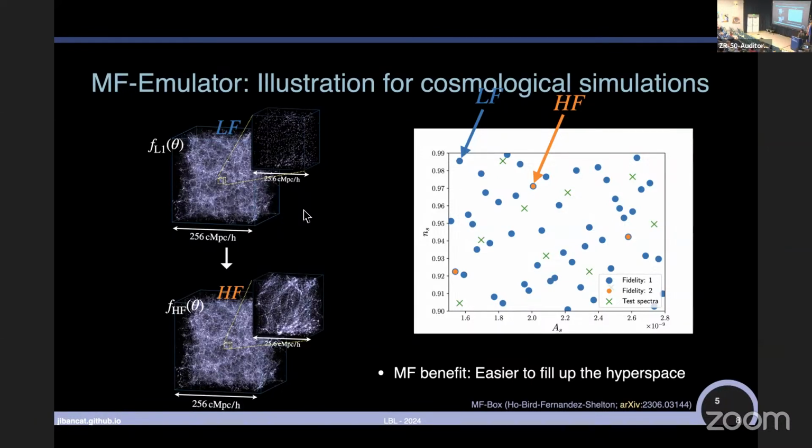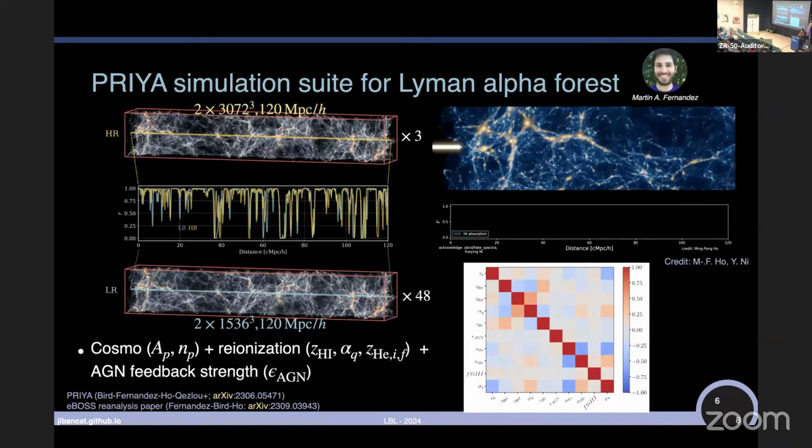Pushing this idea to what we have been doing with the Lyman-alpha forest, we can run a suite of hydro simulations that cover both cosmology and the actual physical parameters we vary, including the hydrogen reionization and helium reionization parameters. We also vary the AGN feedback parameters.